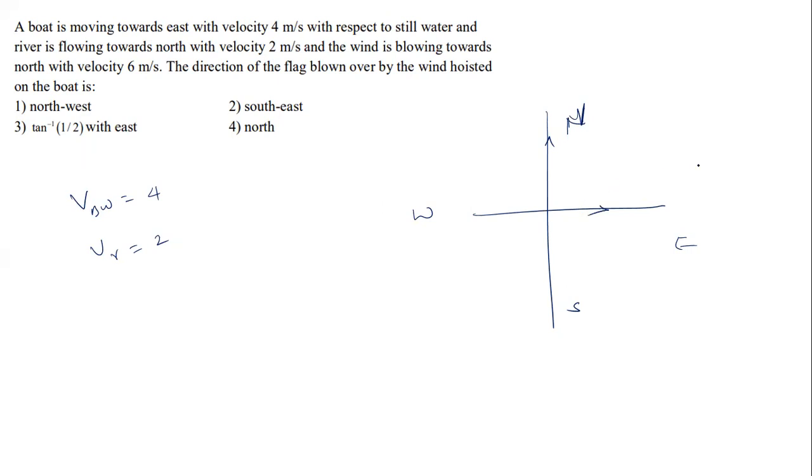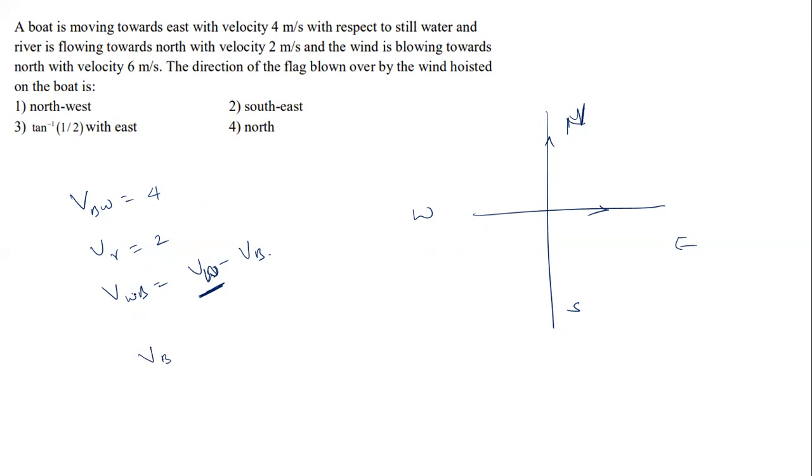Okay, wind blowing towards the north, 6 meters per second. The direction of flag blow over the wind post. So velocity of wind with respect to boat is required. So velocity of wind minus velocity of boat. The direction of the wind is nothing but direction of the flag. So how do you write velocity of boat with respect to water?